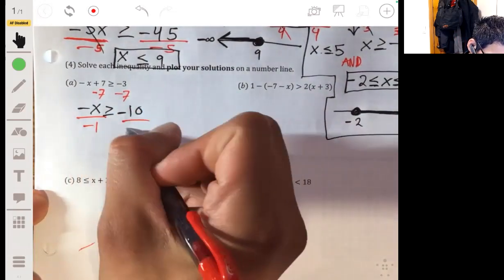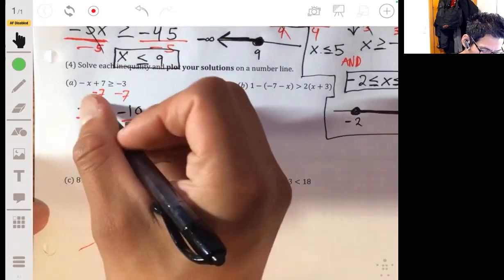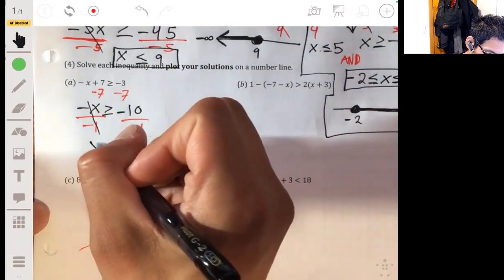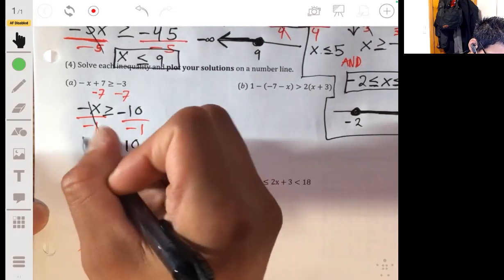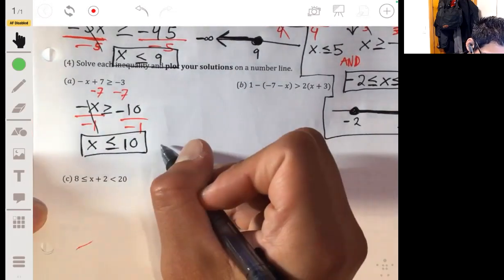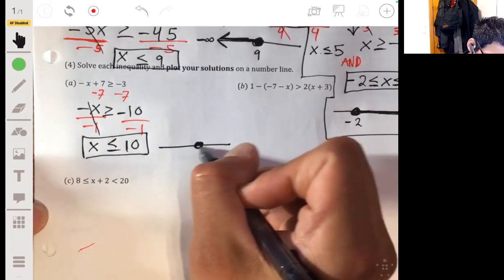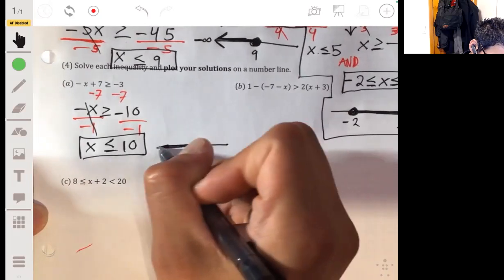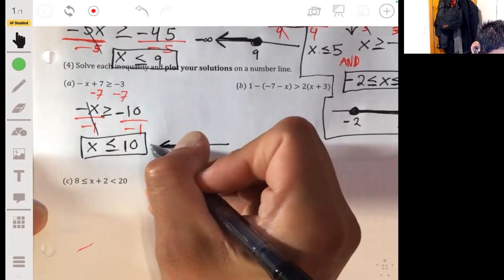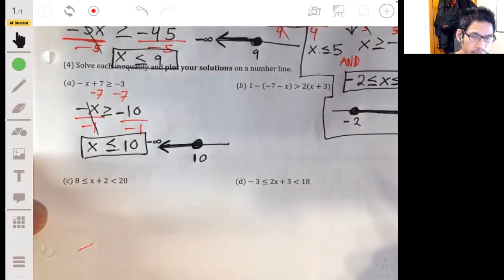Divide both sides by negative 1. Flip the inequality symbol since we divided by a negative number. So we get x is less than or equal to 10. Number line, close circle on 10, an arrow to the left towards negative infinity.